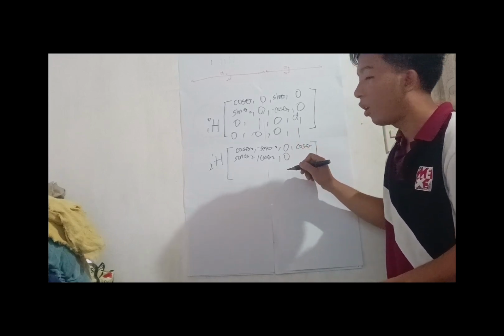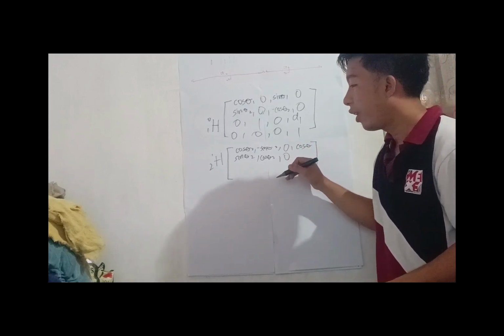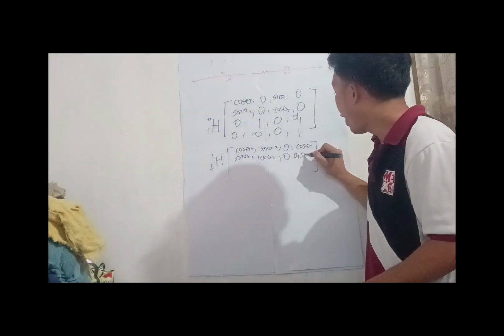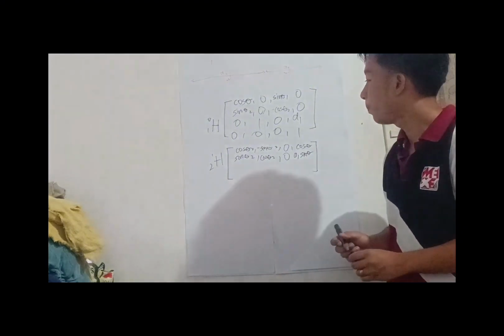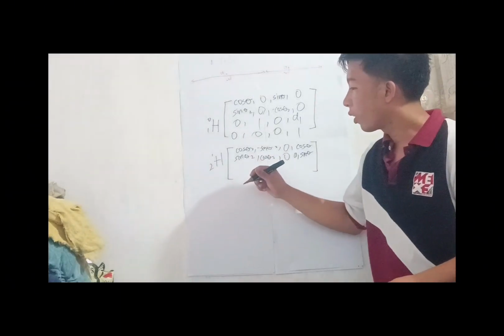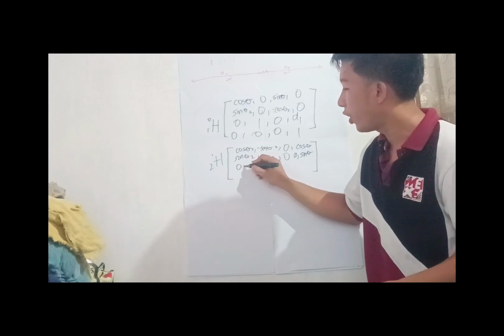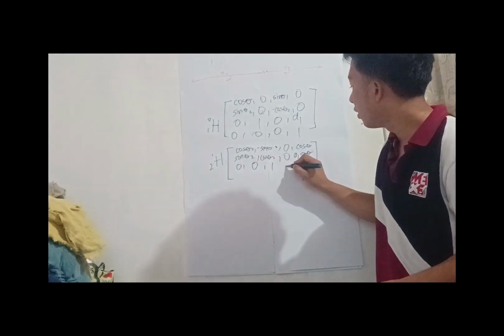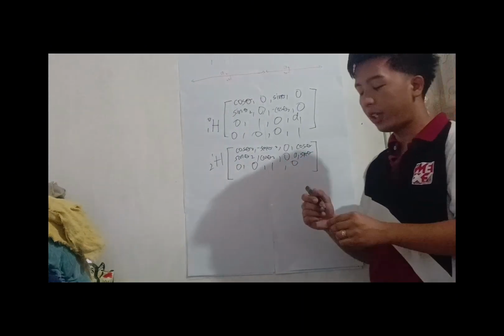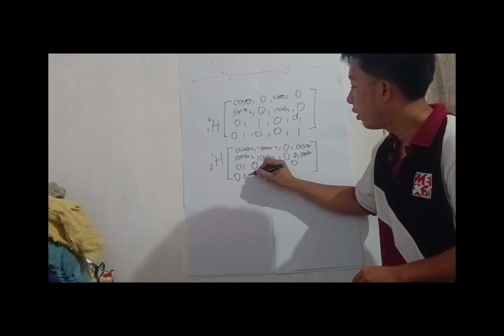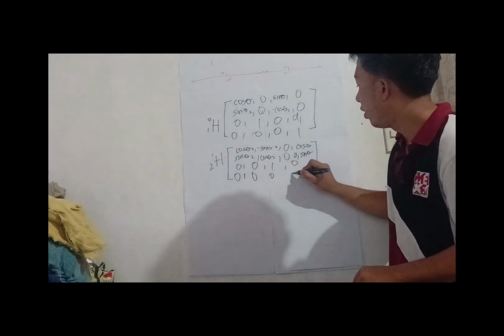And 0, there's no rotation. And A sin theta. So, the next third column is 0, there's no rotation: 0, 1, 0. The fourth column is 0, 0, 0, 1.